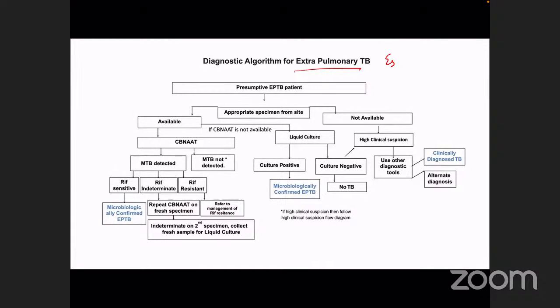But for some, you may get a sample. Say, for example, if you have a case of pericardial TB, you may get a sample of pericardial fluid. For lymph node TB, you may get a lymph node aspirate. So if an appropriate specimen is available, CBNAAT can be done for the two samples I just told, lymph node aspirate and CSF.